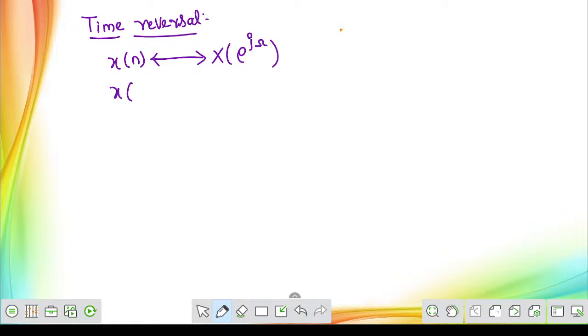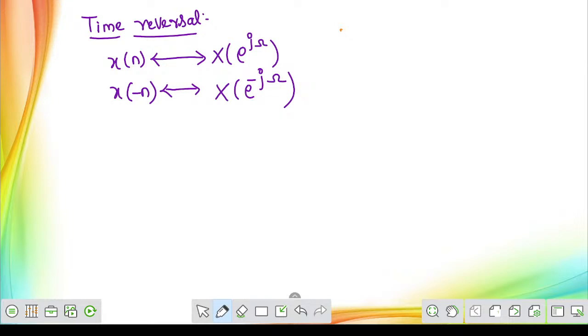If I am flipping this signal, reversing it to x of minus n, then the corresponding discrete time Fourier transform can be written as X of e power minus j omega. This is the time reversal property. Understand? So you must keep these things in mind. Whenever we apply time reversal in the time domain, in the frequency domain also the frequency will be reversed.